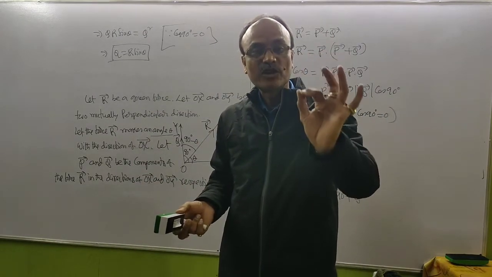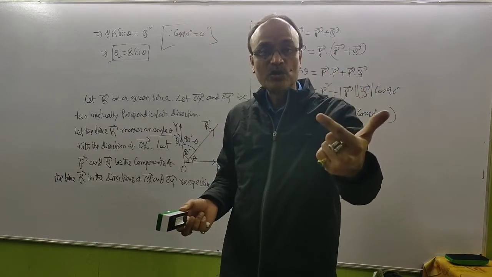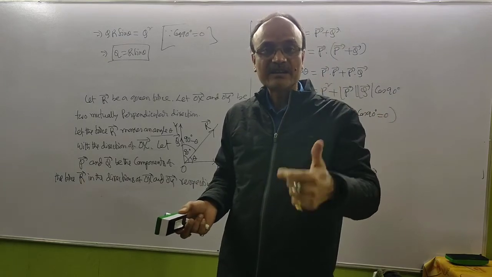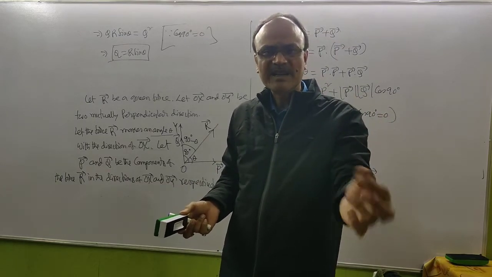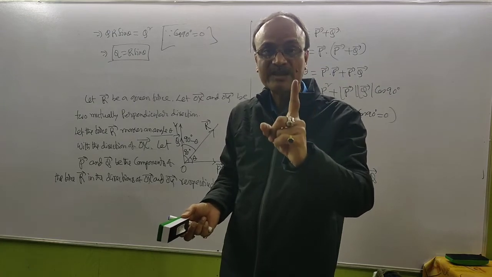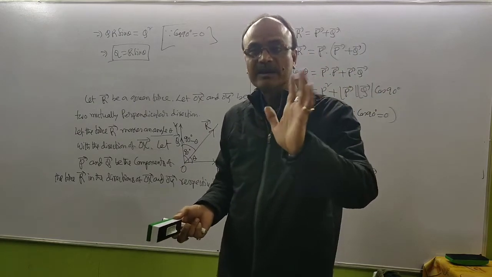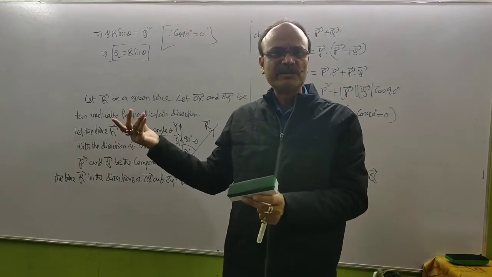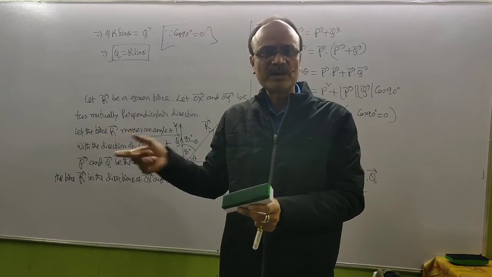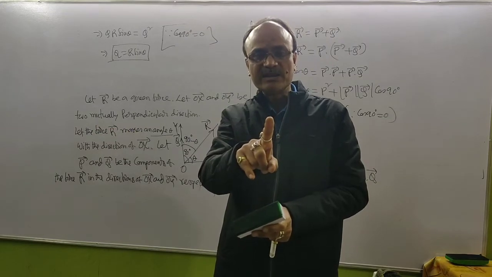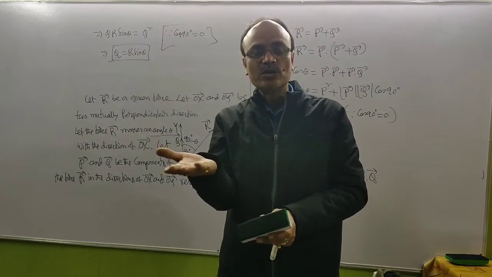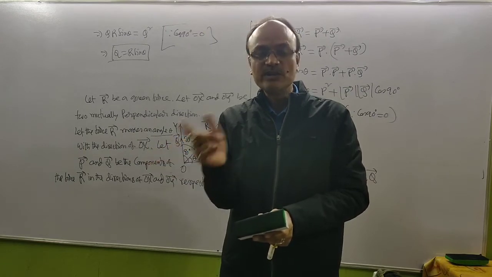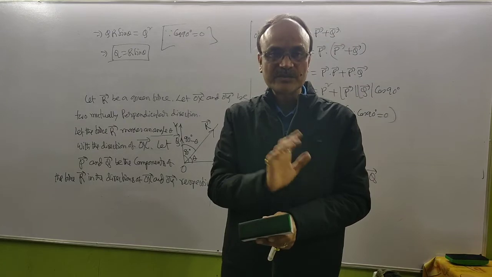Thus the resolved parts of a force along two mutually perpendicular directions are R cos theta and R sin theta, where R makes an angle theta with the direction of P. It is very easy to find the resolved parts. A force R is given, we have to find the resolved parts of the force into mutually perpendicular directions.